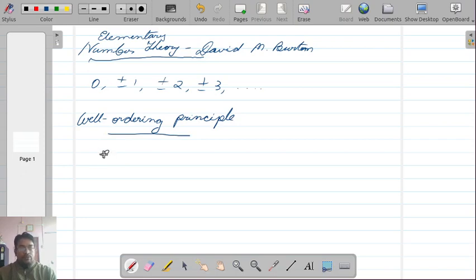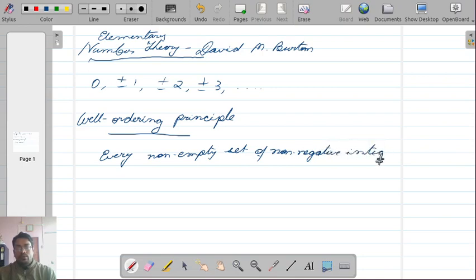It says that every non-empty set of non-negative integers has a least element, or least member.